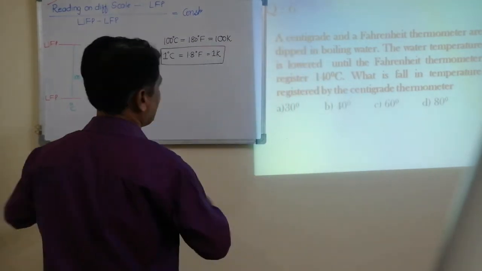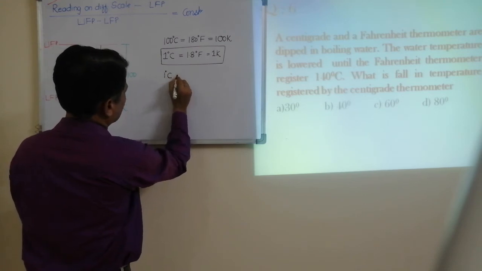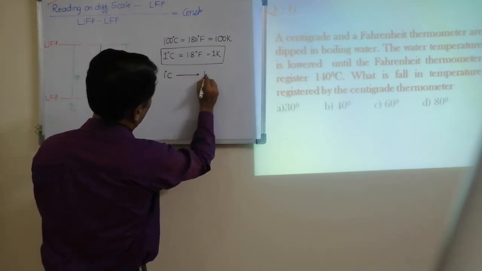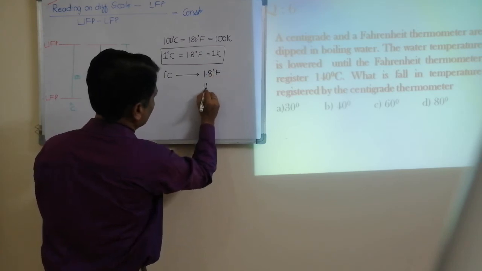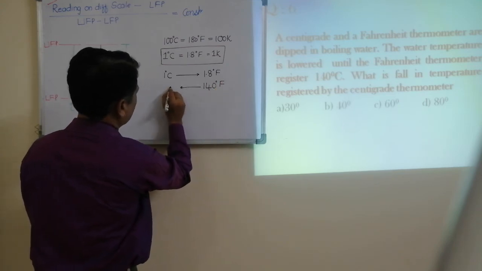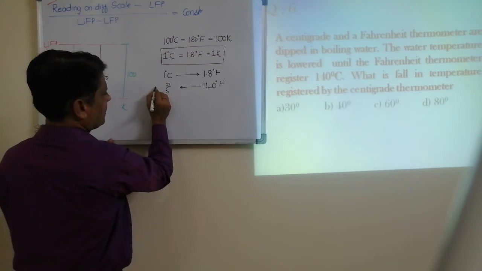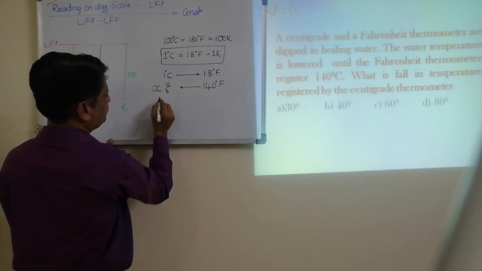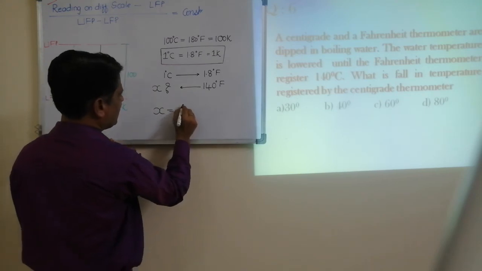It's very simple. As you know, for 1 degree Celsius, there is a change of 1.8 degree Fahrenheit. Now I want a 140 degree Fahrenheit change. For that, how much degree Celsius is changed? Say it is x, then cross multiply.